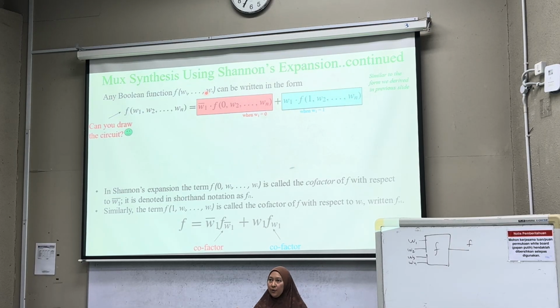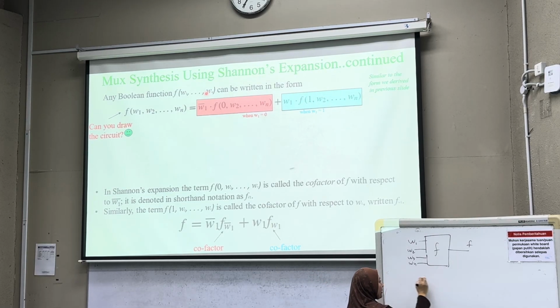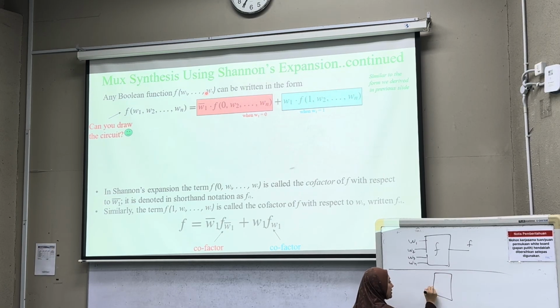So for Shannon expansion, we just say how I can use this 4-to-1 mux to build something like a Shannon expansion there. I'm using this again. So here is my F. 1, 2, 3, 4.